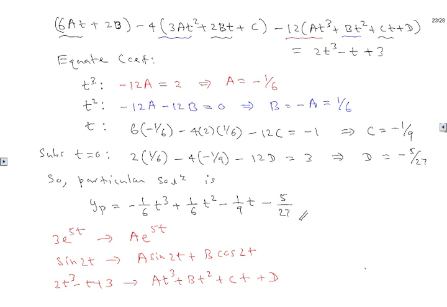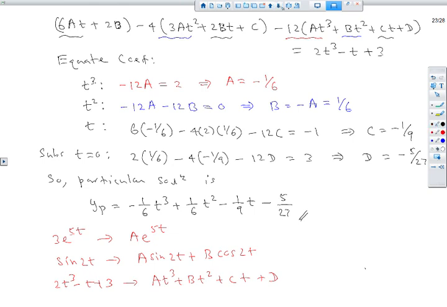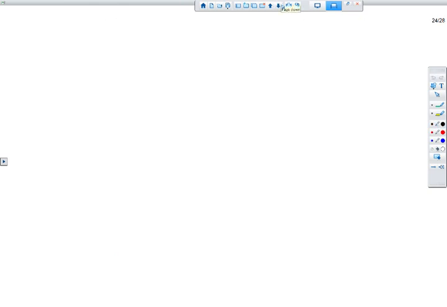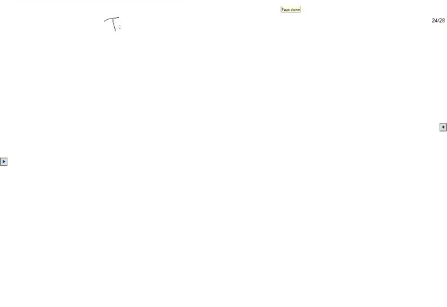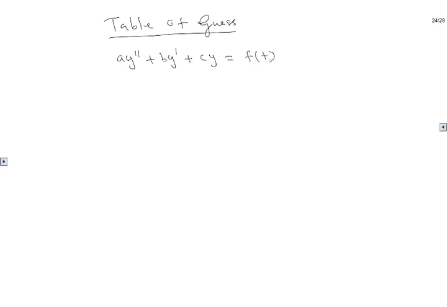I'm going to call it the table of guesses. So what we're trying to find is, you're going to solve the problem a y double prime plus b y prime plus c y equals f of t, where t is the independent variable.